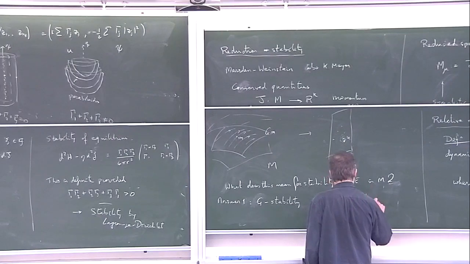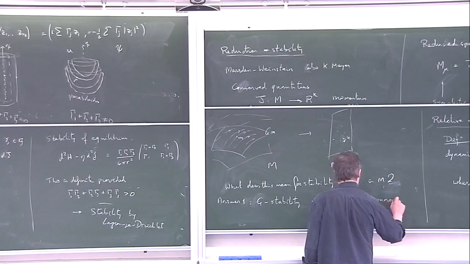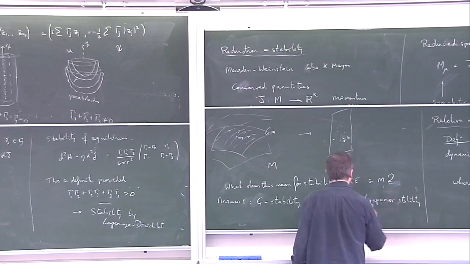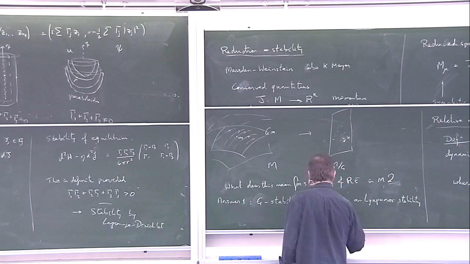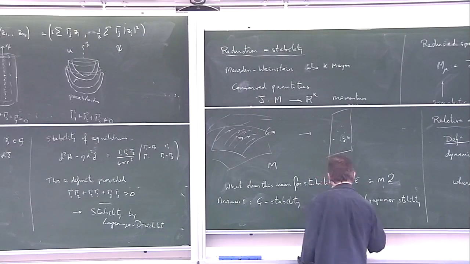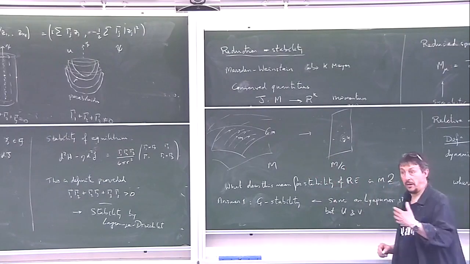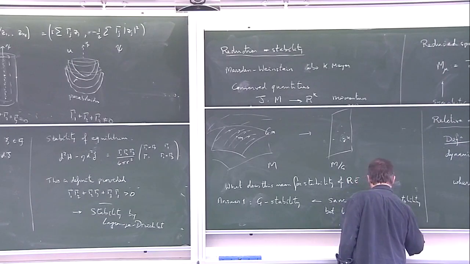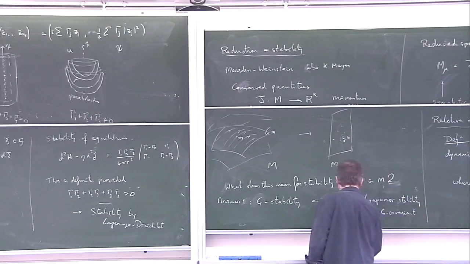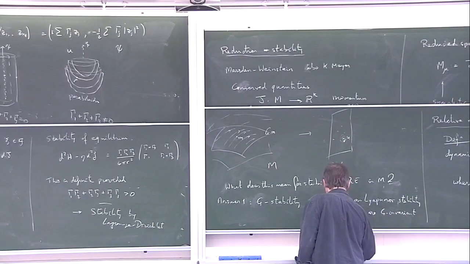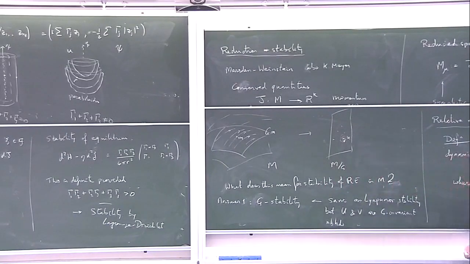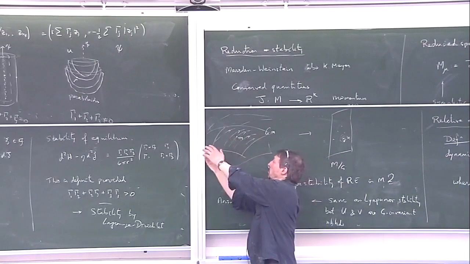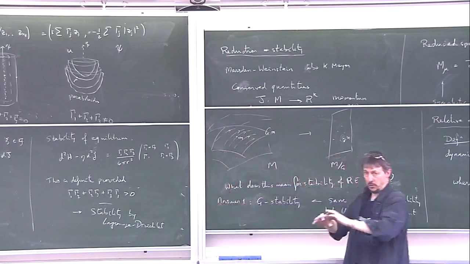It's the same as Lyapunov stability, but U and V are not any neighbourhoods, they're invariant neighbourhoods. So it's a neighbourhood that contains the whole orbit, all the points that are similar.